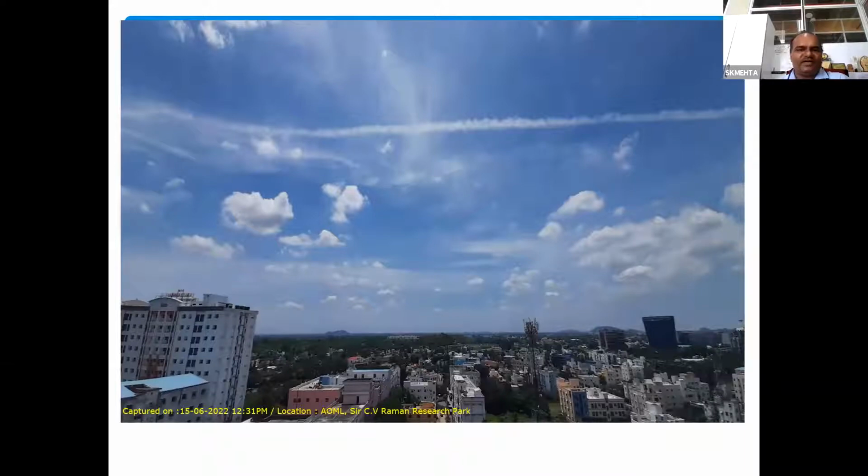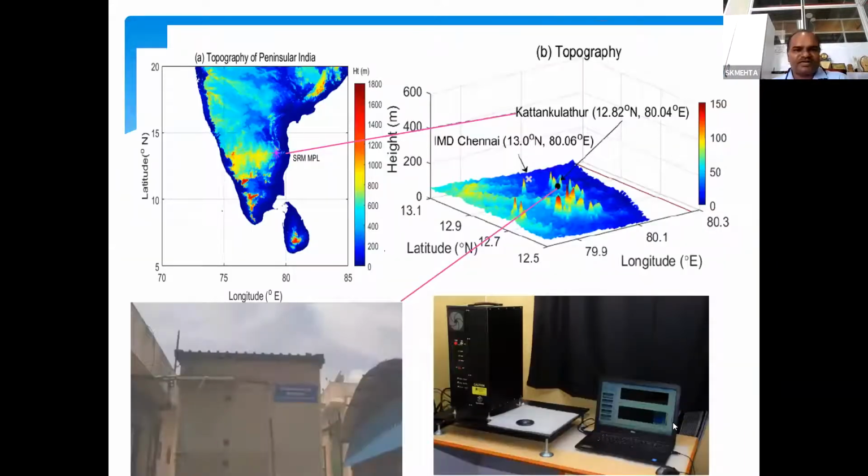We are located here in the southern peninsula, near the Bay of Bengal, and you can see the Indian map where our laboratory is located. I have shown the topography near our location. We have very small hills, less than 150 to 200 meters, and we are located about 48 meters above sea level, the black dot.